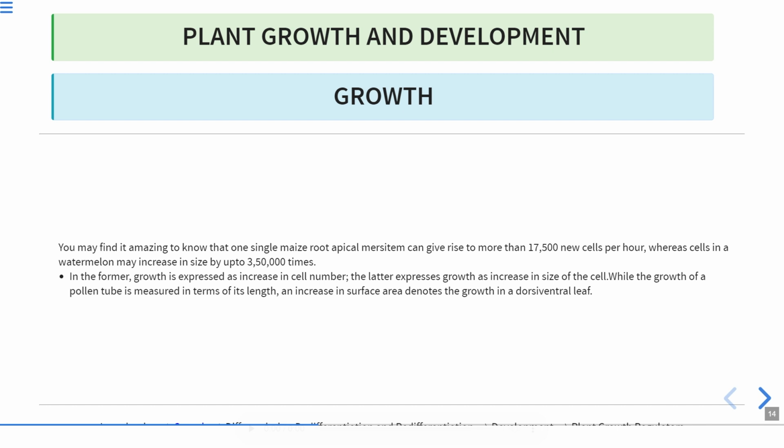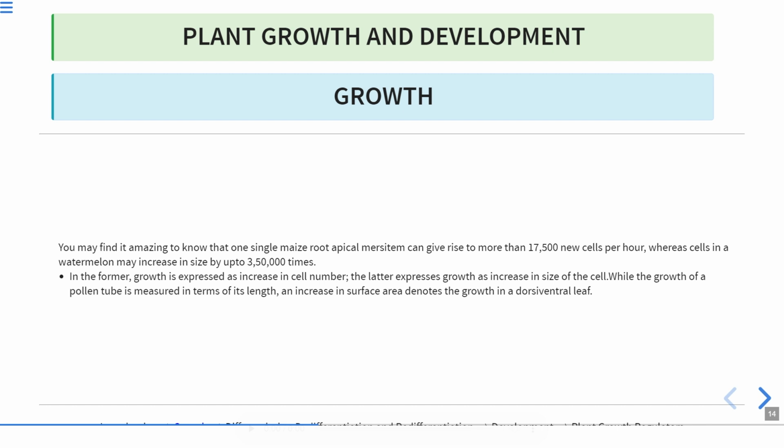So these are some of the parameters that are used to denote growth. If you measure the size of the cell in the watermelon, then it is showing the growth. If all the cells have increased in size, then you can see the watermelon has increased in its size. Similarly, the height of the plant.